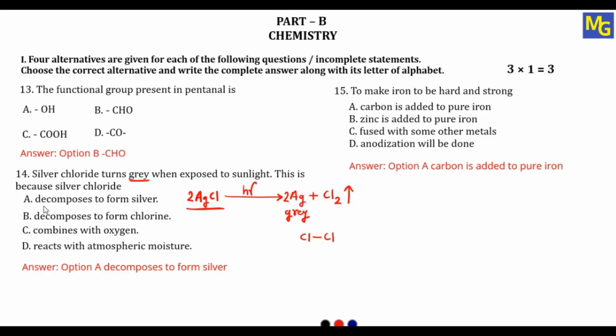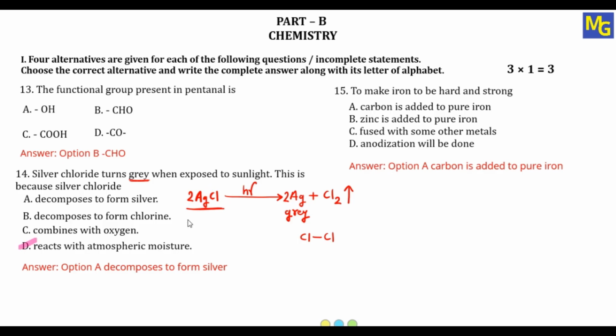Option A, decomposes to form silver. Option B, decomposes to form chlorine. Option C, combines with oxygen, and option D, reacts with atmospheric moisture. Now if you see all the options, option A decomposes to silver, it is correct. Option B decomposes to give chlorine, that is also correct. Option C combines with oxygen, it is not combining with oxygen.